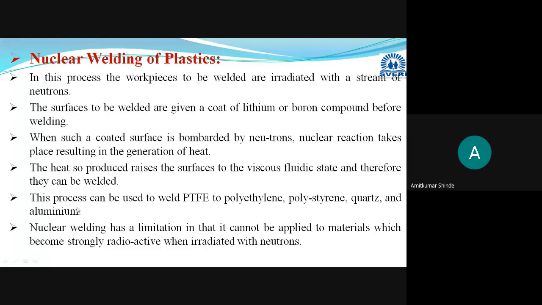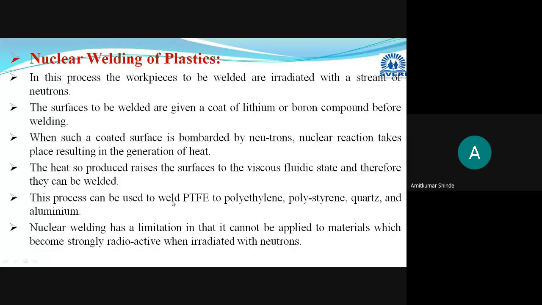This process, nuclear welding, can be used to join this PTFE material to other plastic materials like polyethylene and polystyrene. You can also join it to quartz or aluminum with the help of nuclear welding.